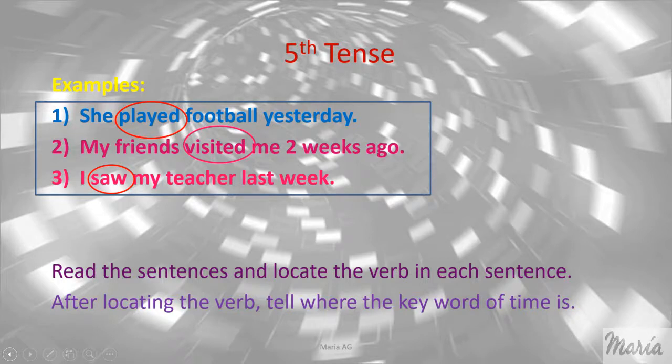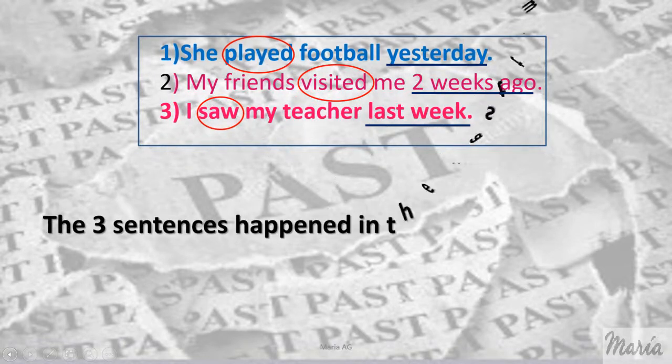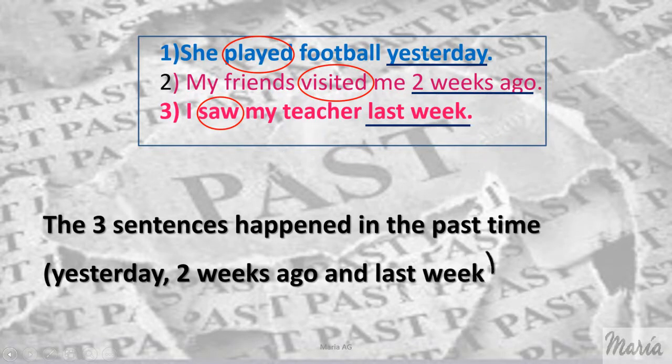After locating the verb, tell where the keyword of time is. The three sentences happened in the past time: yesterday, 2 weeks ago, and last week.